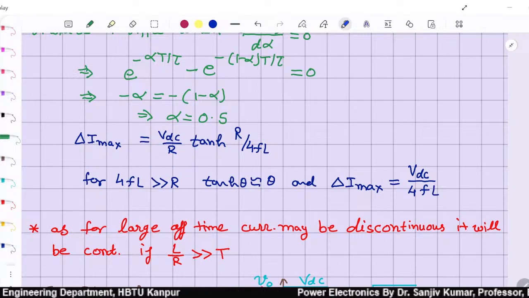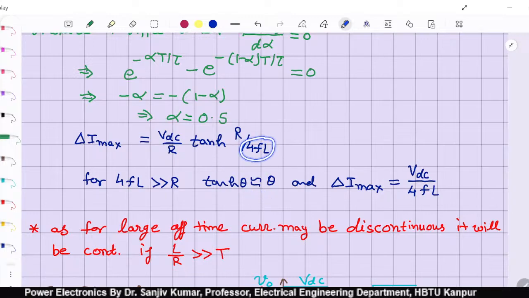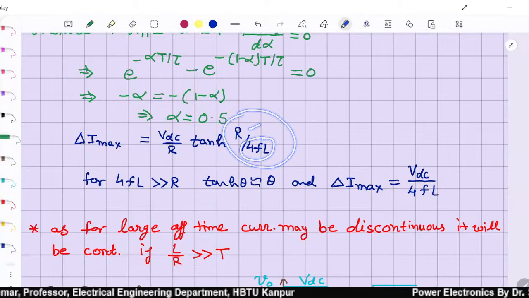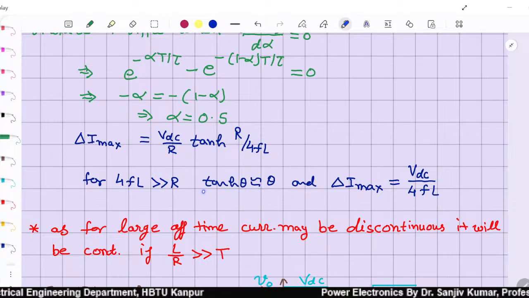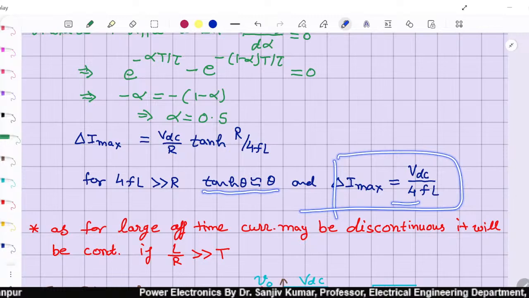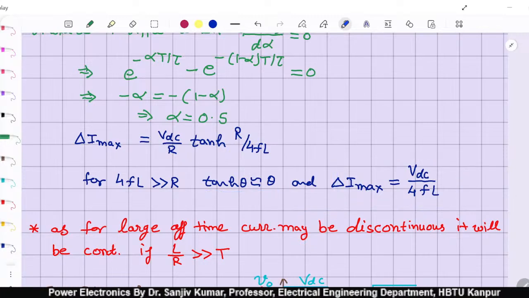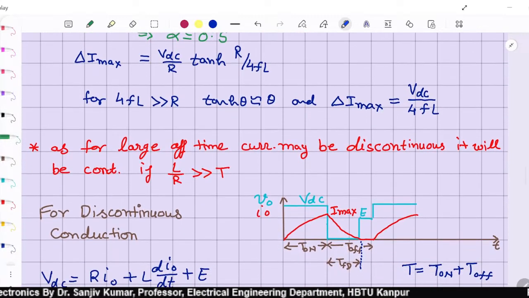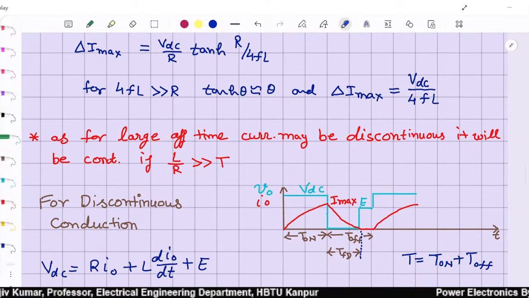As we know, when 4FL is greater than R, this value is very small, and for a small value, tanh theta comes out to be theta. So delta I max comes out to be VDC divided by 4FL. That we will get, right?